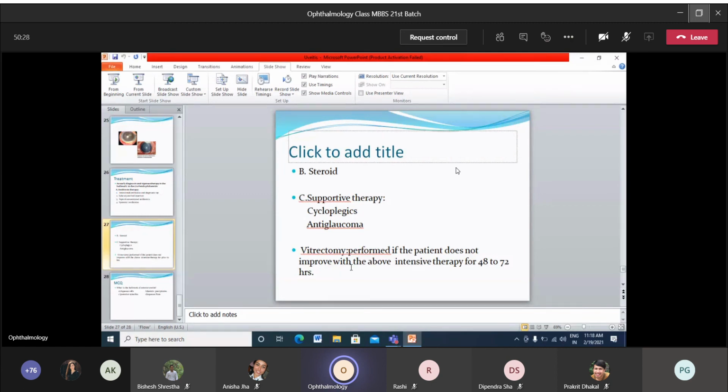You'll have to rule out endophthalmitis in patients who complain of severe ocular pain and marked redness following cataract surgery or any intraocular surgery. Redness will be present, there will be presence of hypopyon, the pupillary reflex will not be clear, and the fundal reflex also will not be clear.